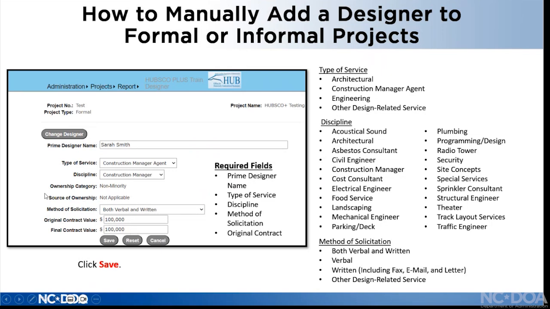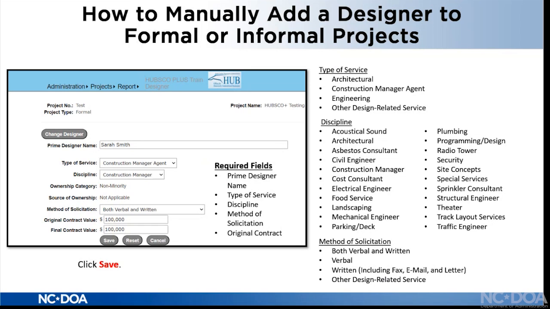If you add it, it will default to an ownership category of non-minority, and the source of ownership is not applicable. If they're Hub certified, that will populate and it will show that the Hub office was the source of ownership for that. But since you're adding it and they're not already in EVP, they're not going to be Hub certified.